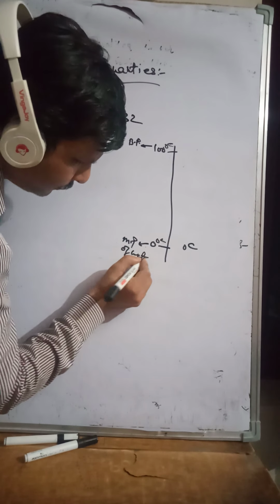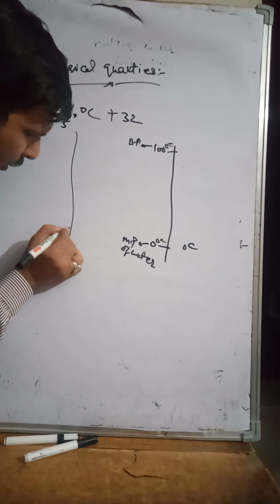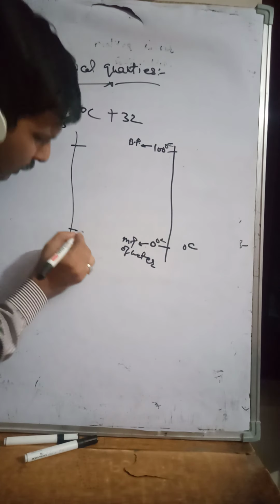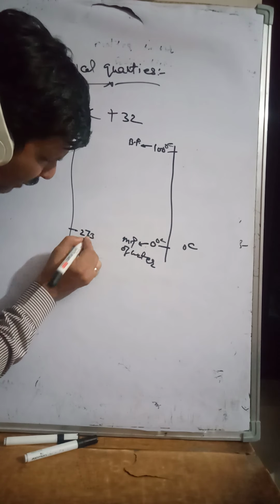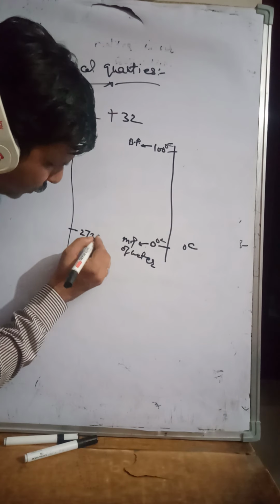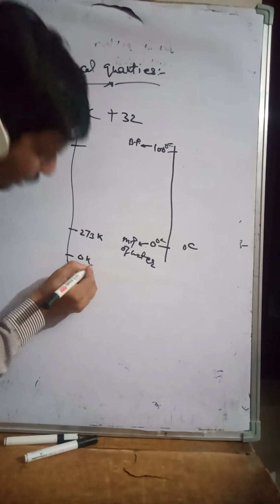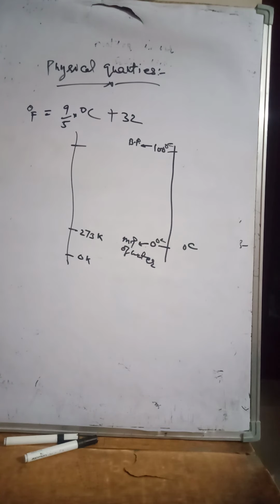In the same way, we are also in a position to define the Kelvin scale. In the Kelvin scale, the minimum temperature is 0 Kelvin, but equivalent to 0 degree Celsius, the temperature in the Kelvin scale is 273 Kelvin. 0 Kelvin temperature is not possible to attain, and if the atmosphere were at 0 Kelvin, all the gases would not exist.